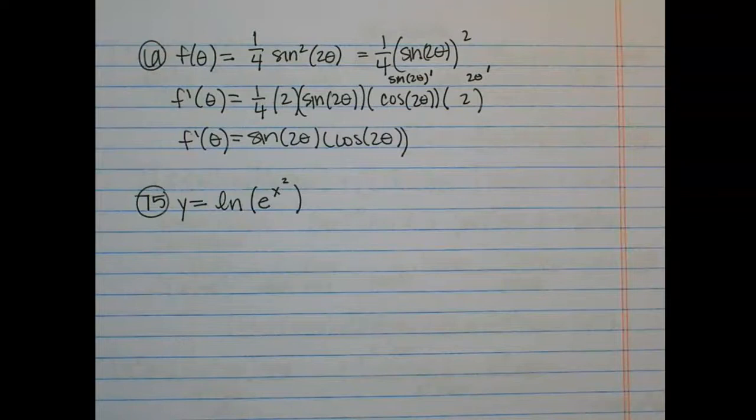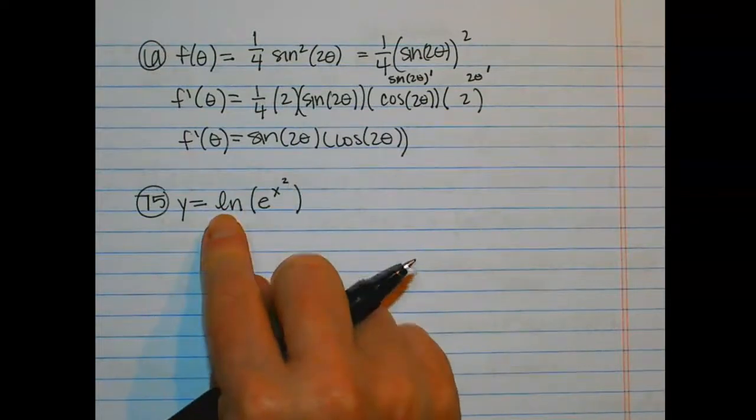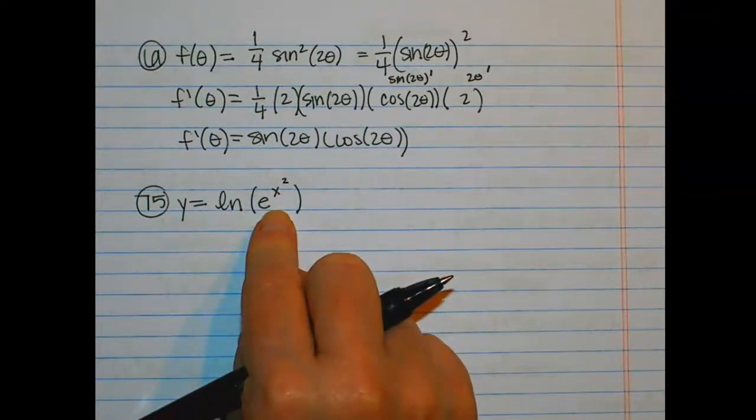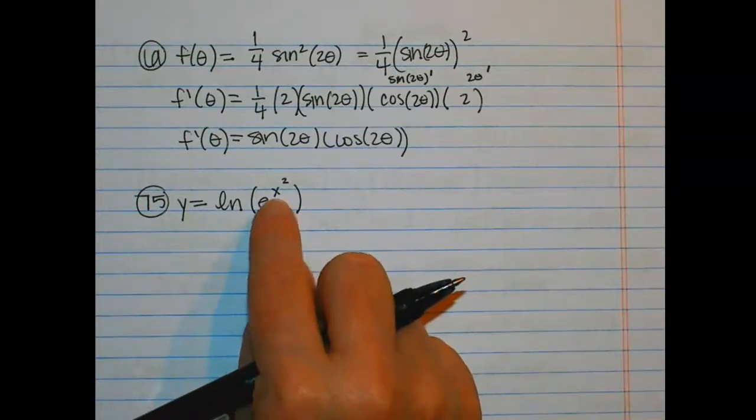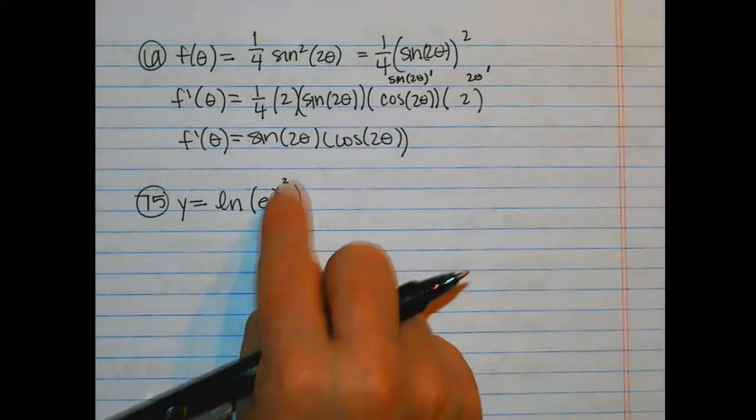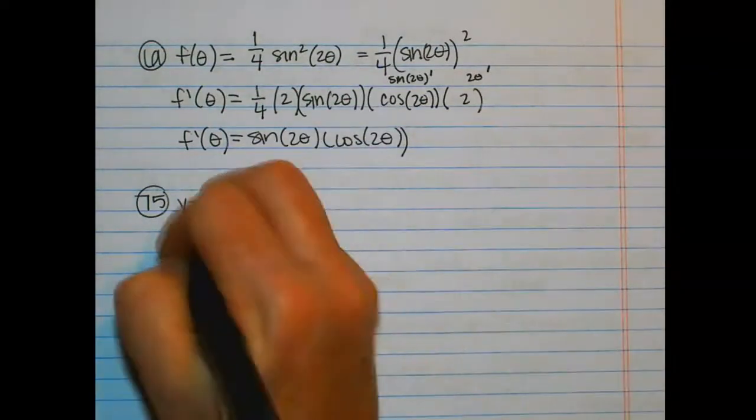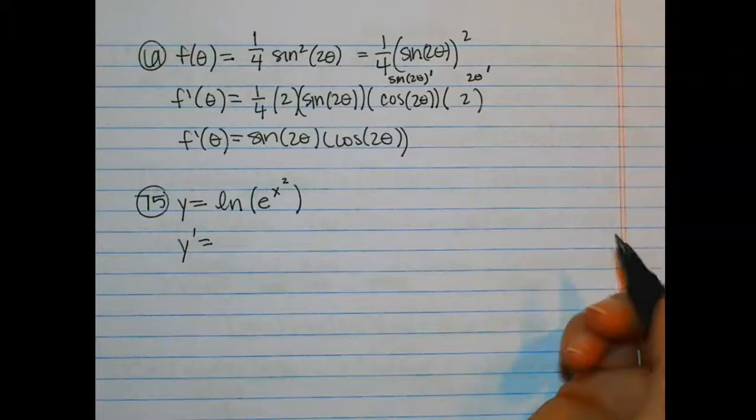Okay, 75 looks fun. The outside function is natural log. The baby is e to the x squared. It has a baby. It's e not to the x, but to the x squared. So this is the second baby. So when we take y prime, we're going to take the derivative of the outside function.